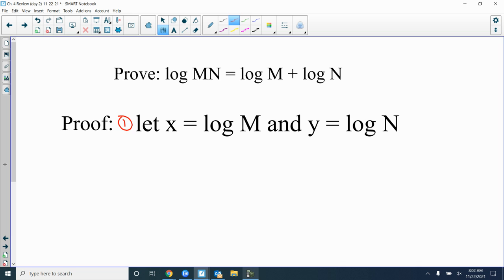Second step: convert to exponential form. You don't necessarily need to number your steps, but that helps. So this is 10 to the x equals m, and 10 to the y equals n.